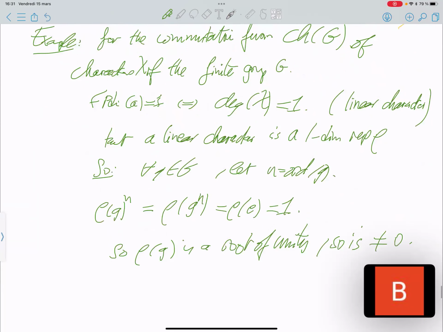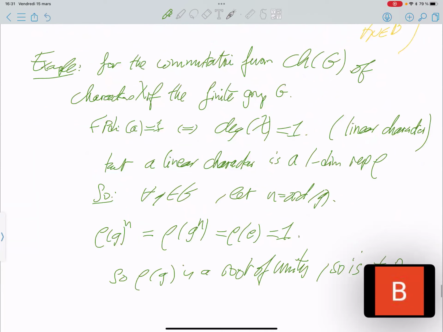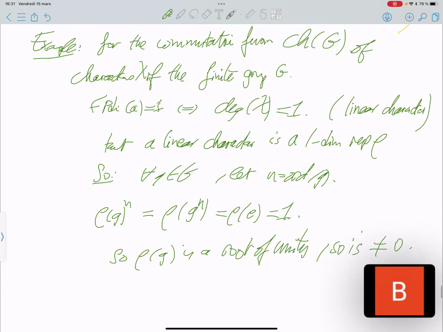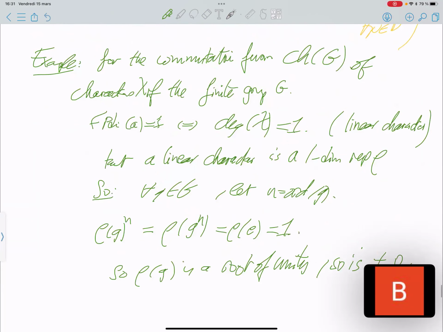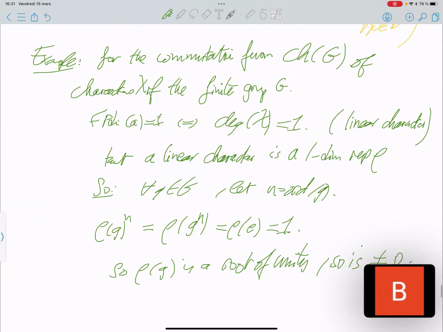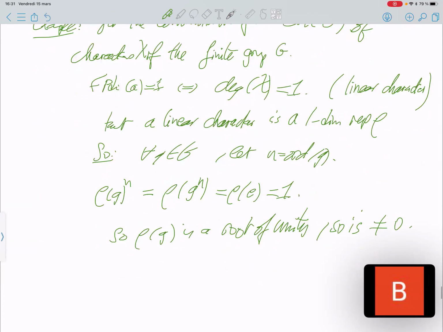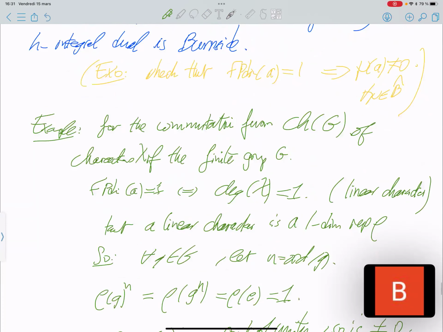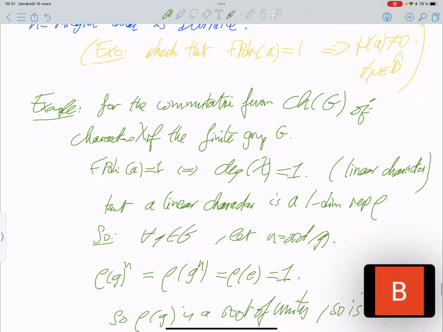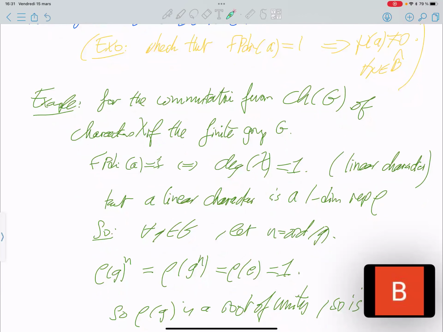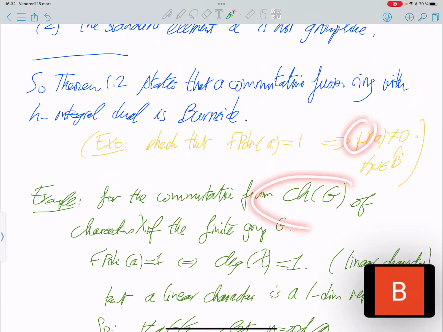Okay. And in fact, a character of a character. So if you follow the notation, here you have the fusion ring of characters, and here we are talking about the character of the fusion ring of characters.